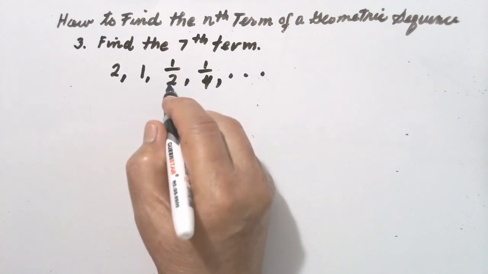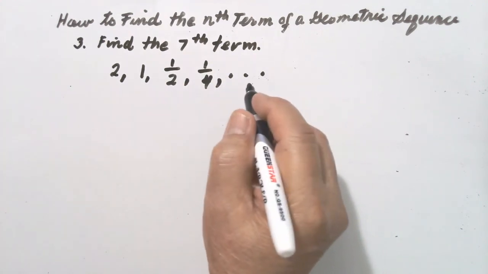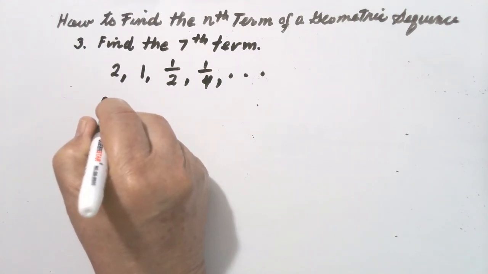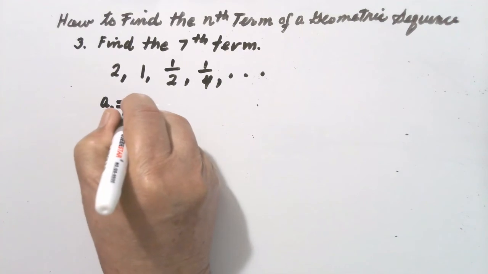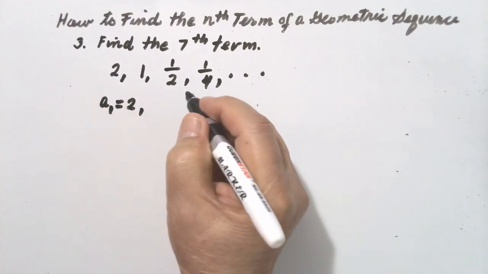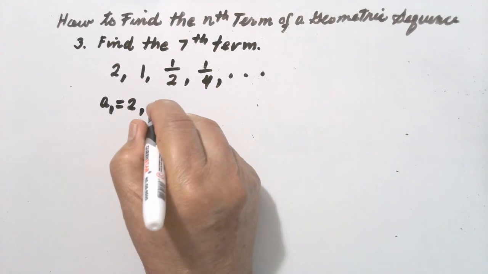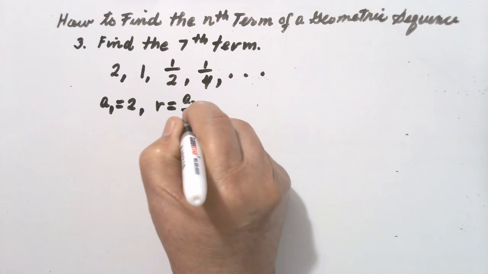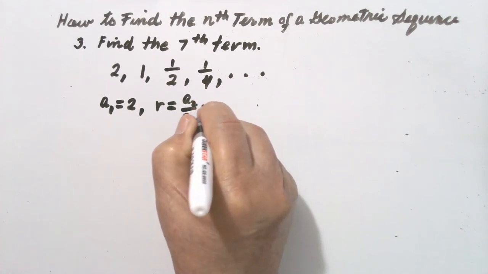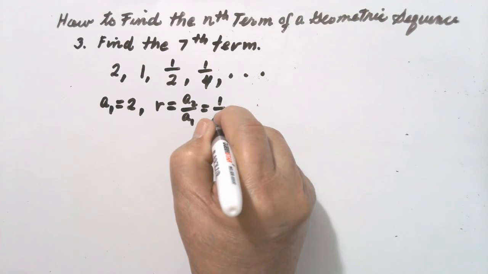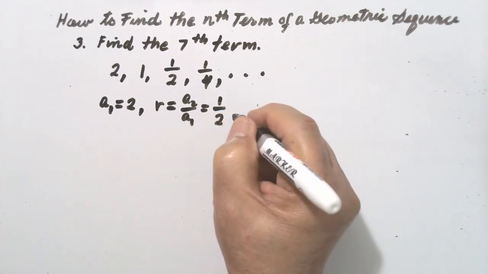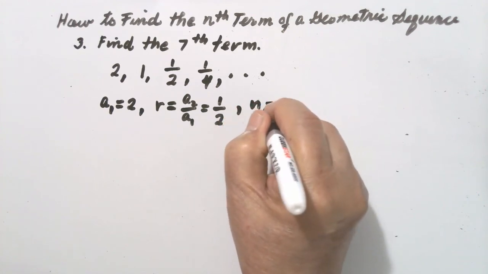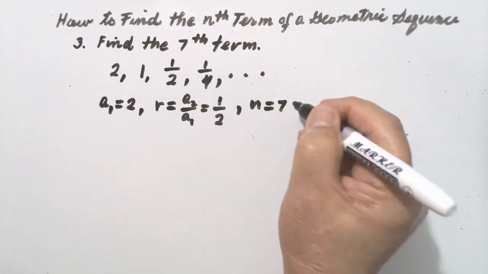Number 3. Find the 7th term. 2, 1, 1 over 2, and then 1/4, and so on. Determine the first term. The first term, a sub 1, is equal to 2. Find the common ratio. R is a sub 2 over a sub 1, so this is equal to 1 over 2. So the common ratio is 1 over 2. N is equal to 7.